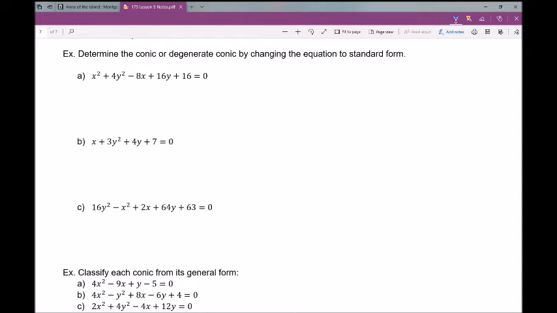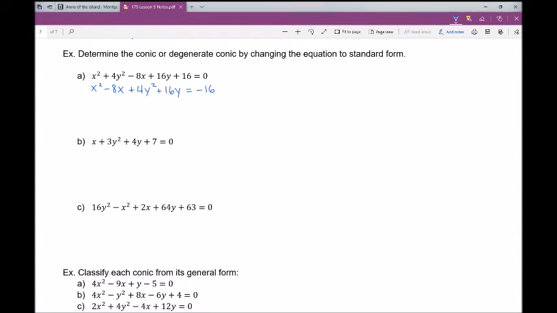So I'm going to get all my x's together. So I have x squared minus 8x. I'm going to get my y's together, so I have plus 4y squared plus 16y, and I'm going to get that positive 16 on the other side of the equation, and it's going to become a negative 16. Okay, so that's the first step. Now what you want to do is actually complete the square.